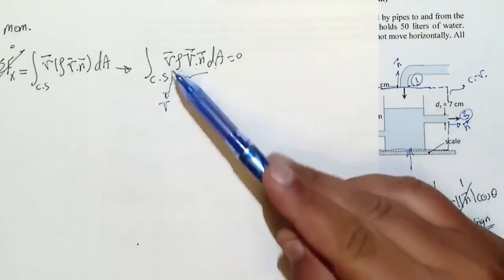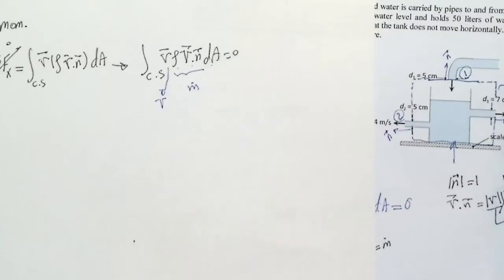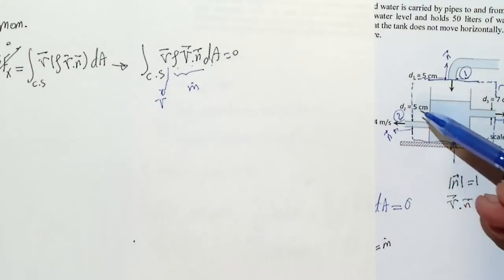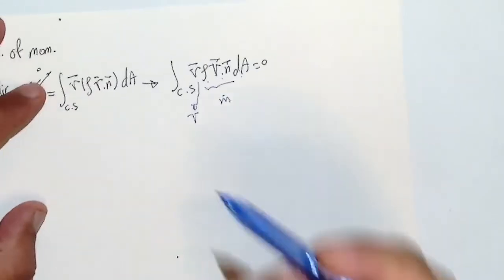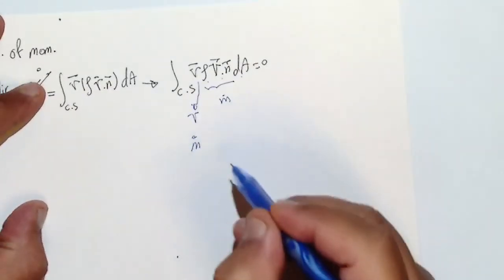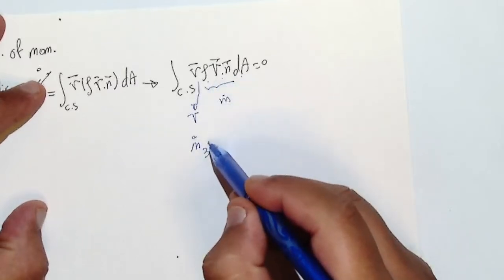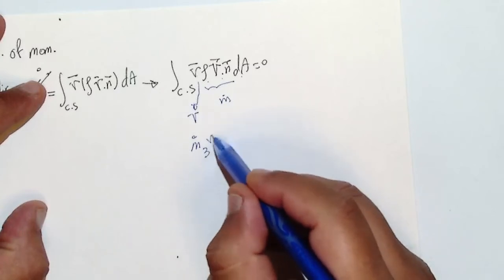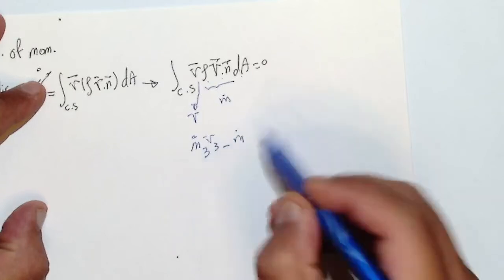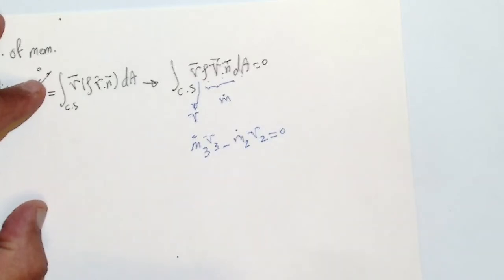But what about this V? It depends. For this one it is positive for V3, and here you have negative V2, right? Because the velocity is in the negative direction. So if I write it in this way, then I can say m dot 3 times V3, because this is your m dot, and V is negative now, right? For point 3 it is positive, but for point 2 it is negative. And the summation should be 0, right?